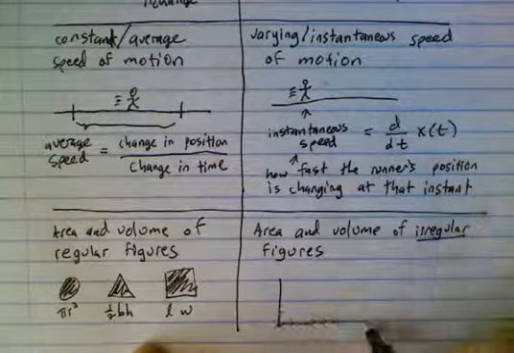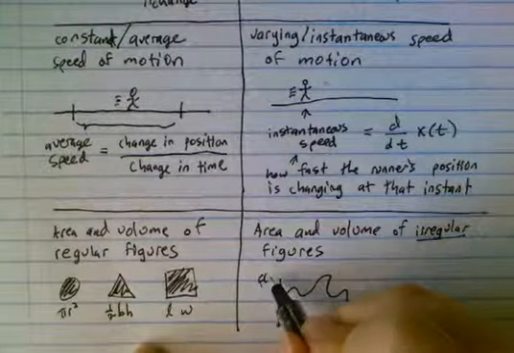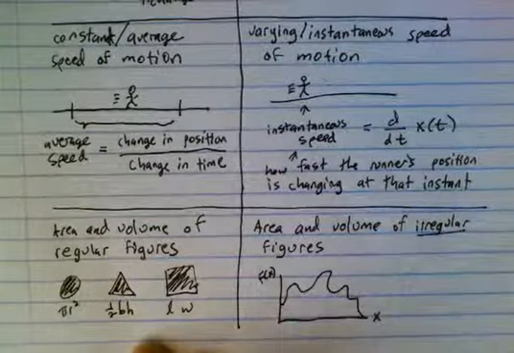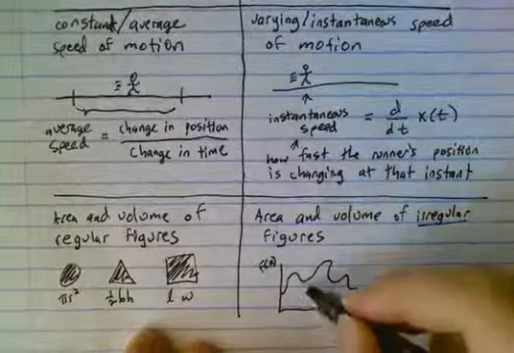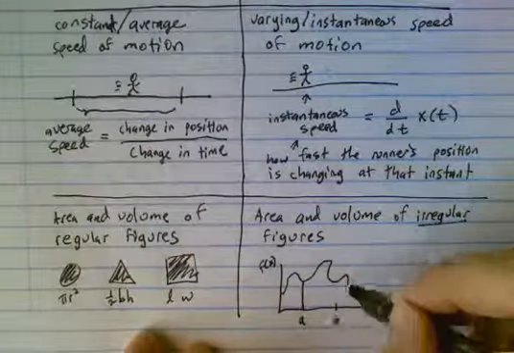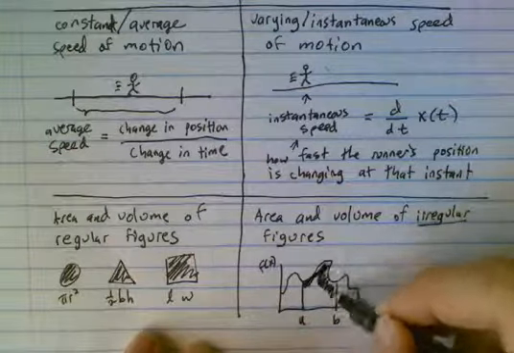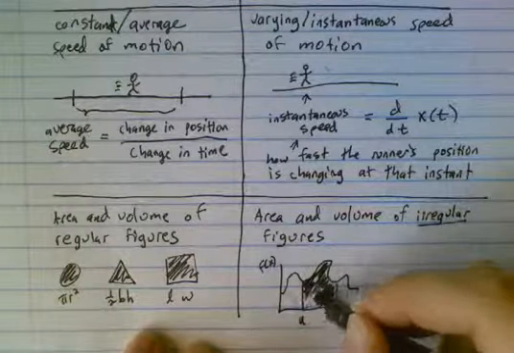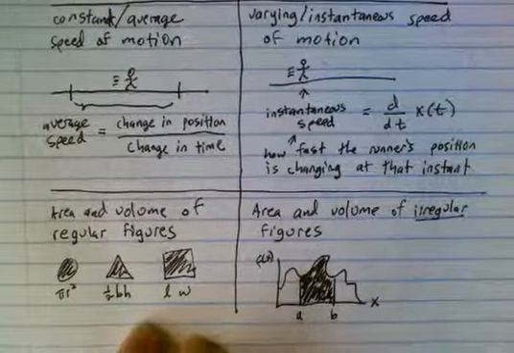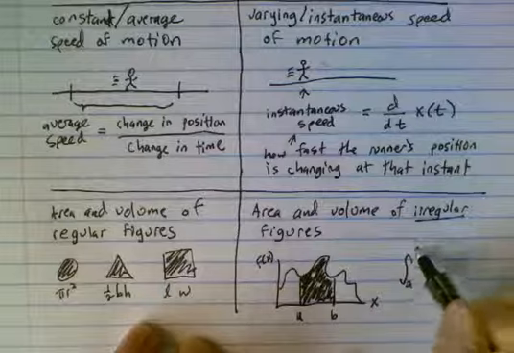So for example, let's say we've got this really weird shape, and we've got some function for it, f of x, and this is x, and we want to find the area under this shape from A to B. Calculus permits us to find this weirdo funky area using something called the integral.